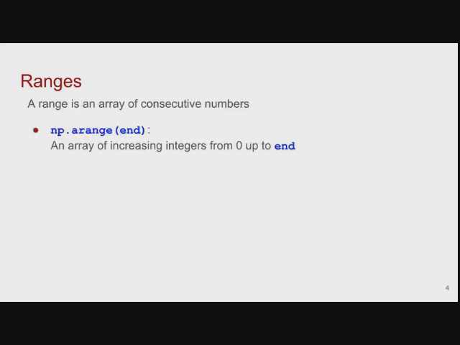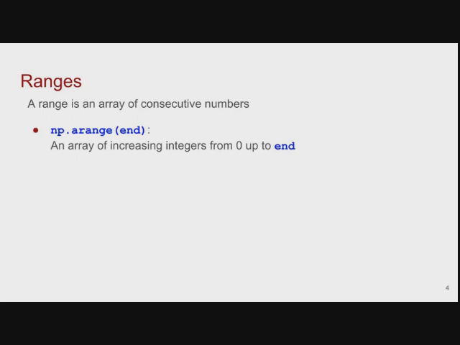The method actually comes from the NumPy library. So it's np. We use np again, and the method name is arange. If you do only one input, it's going to be an array of increasing integers from 0 up to end.